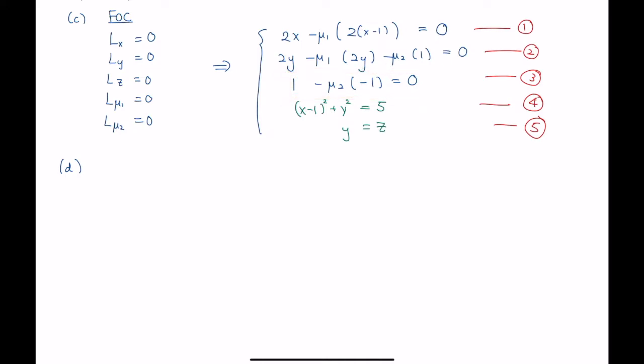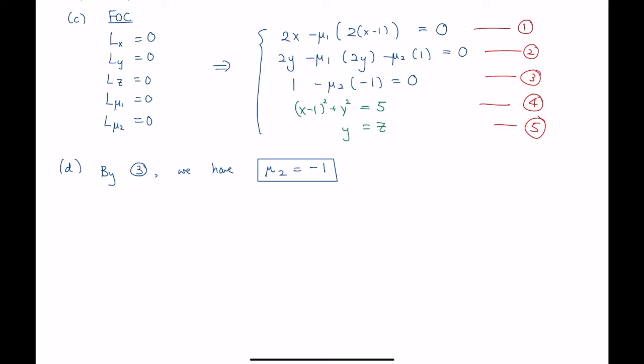By the third equation, we have mu2 is really just minus 1. So mu2 can be read off directly from one of the equations. Five variables, one of them is resolved already.